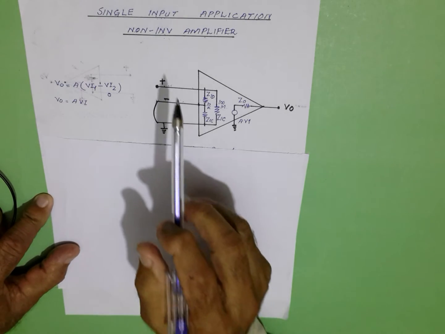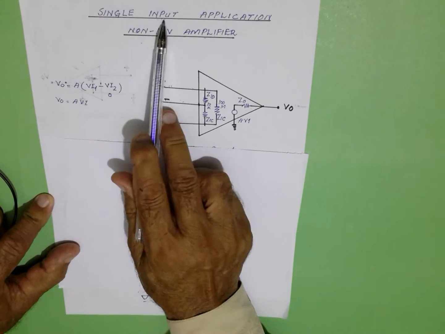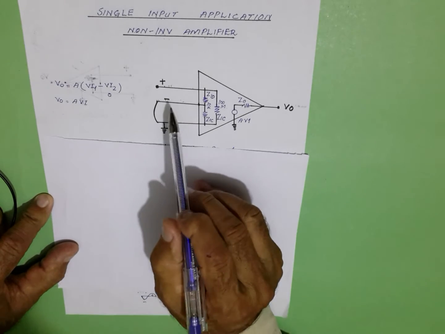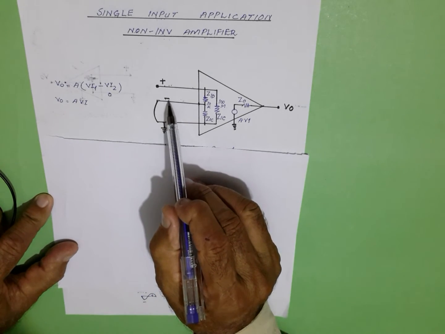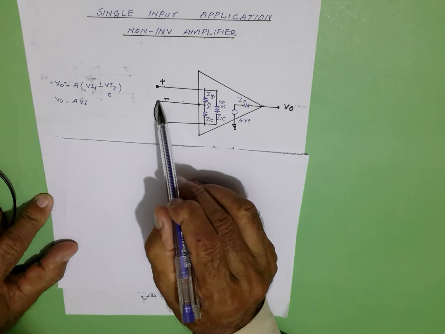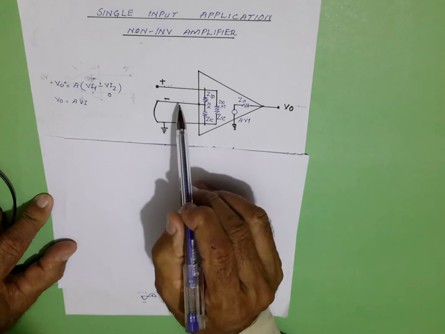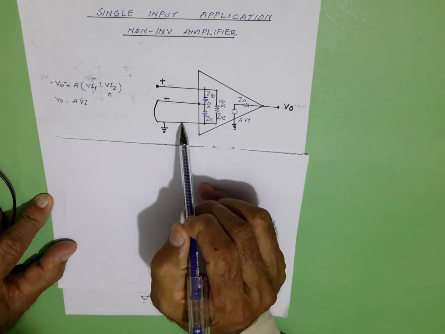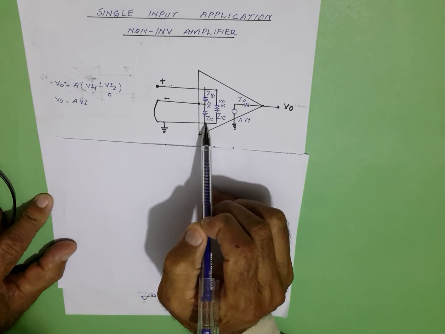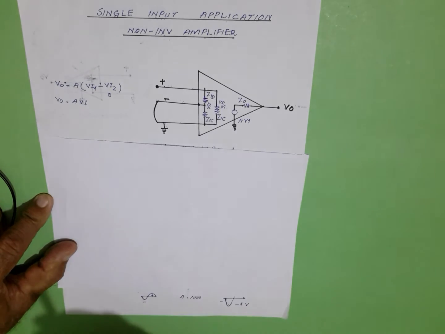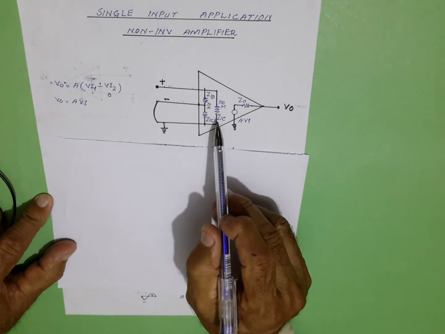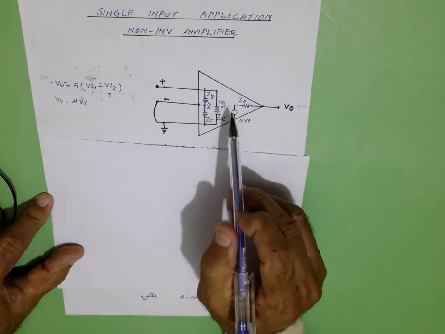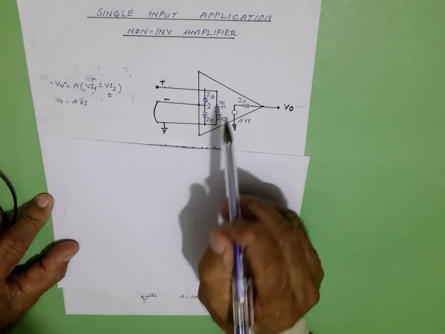Looking at the circuit, as the name indicates, it is a single input. See that the minus terminal, which is called the inverting terminal, is shorted to ground, and this short is virtually across this ZIC, so this ZIC is shorted to ground. ZIC is the common mode input impedance, and its value is very large, 100 mega ohm.